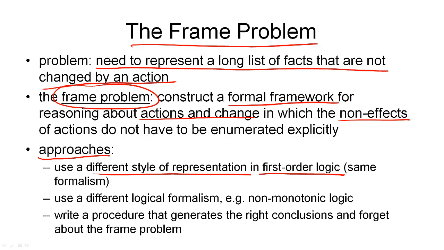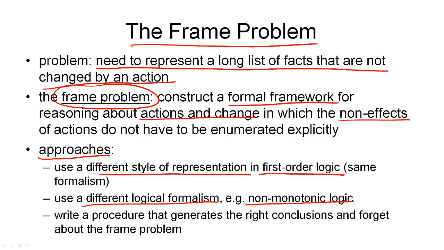The second approach then was to use a different logical formalism. So instead of first-order logic, we may be able to use a more complicated formalism that can encode the knowledge better. And one good candidate was always non-monotonic logic. And again, there has been some progress in that area. But theorem provers for non-monotonic logic are not very efficient.